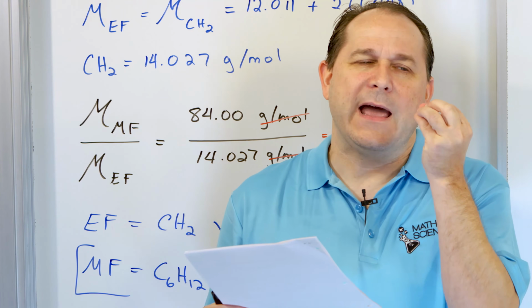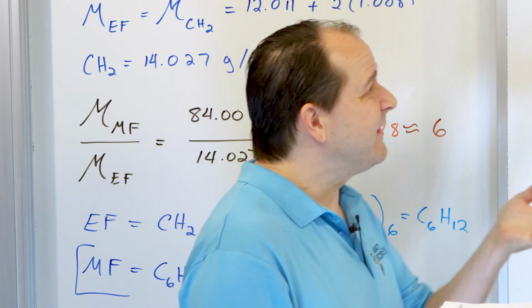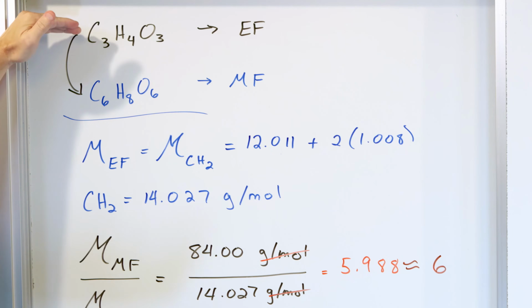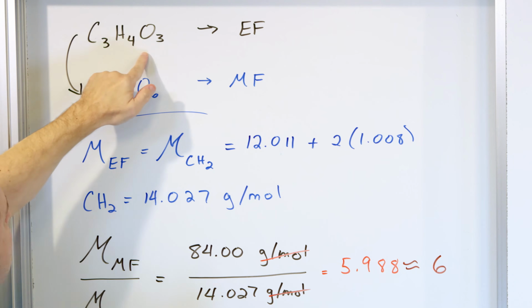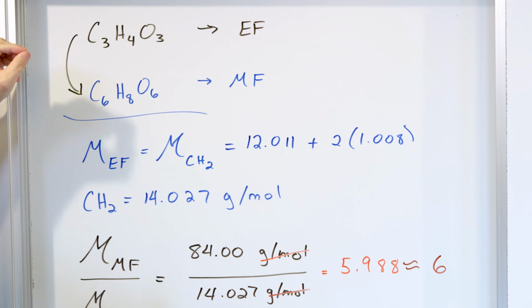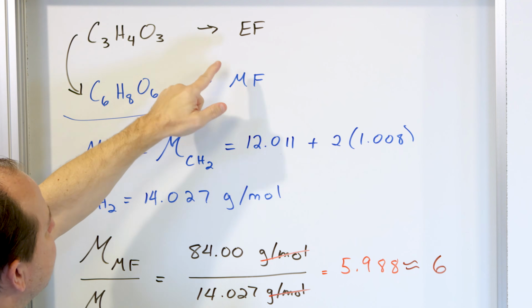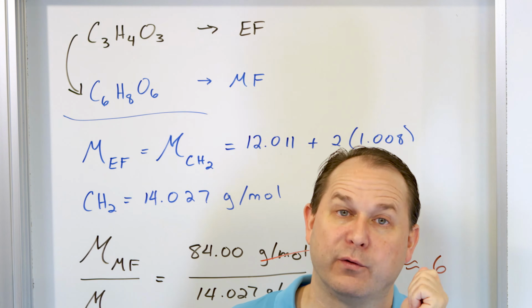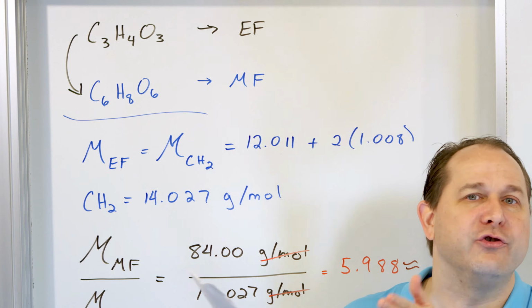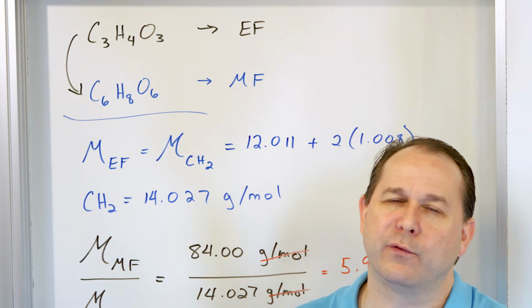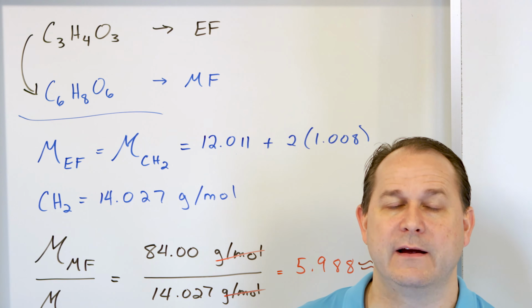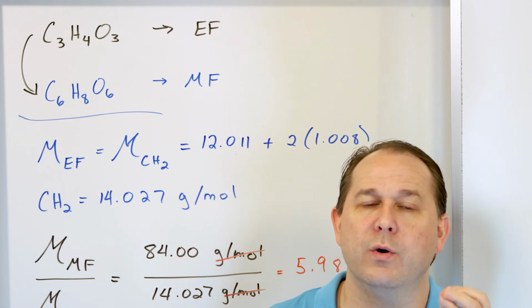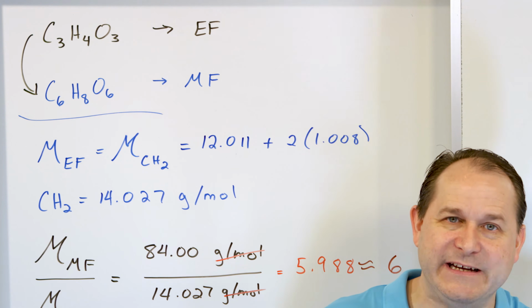Ultimately, what we have reviewed in the beginning of this lesson is that we have this thing called an empirical formula. We get it from the mole ratios of raw data. This may or may not be the same as what the actual molecule is. The molecule will be either the exact same thing as the empirical formula, like it is for water, H2O. The molecular and the empirical formula are exactly the same thing, right? Because we know water is actually H2O. CO2, we know the molecule is actually CO2.